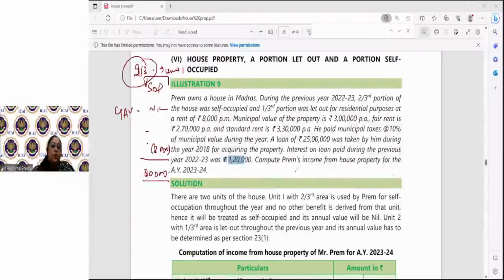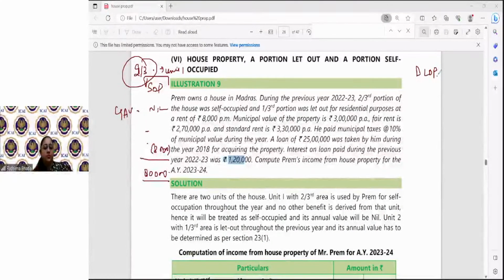ठीक है? Then in the deemed let out property you have to take your municipal valuations and everything at 1/3. पहले let's come to expected rent: 3 lakh and 270 में 3 lakh is higher, 3 lakh and 330 में 3 lakh is lower. So 3 lakh is the expected rent for the entire property.